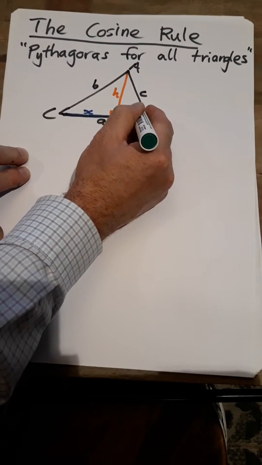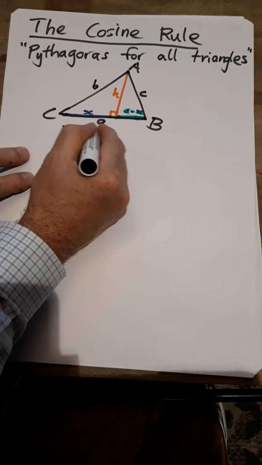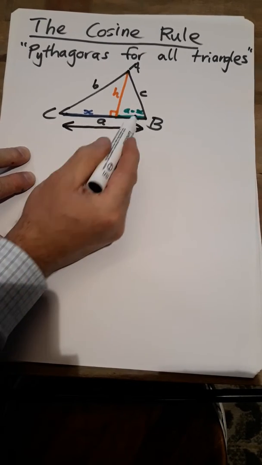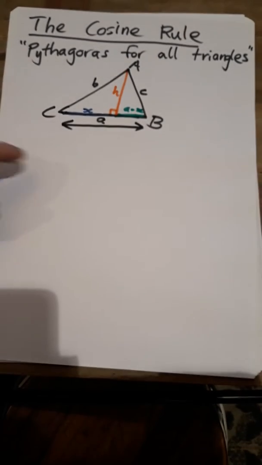A minus X. Why is that? Because that whole length there is A. So A minus X plus X adds up to that length of A.